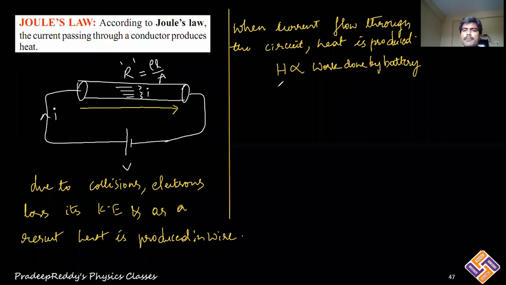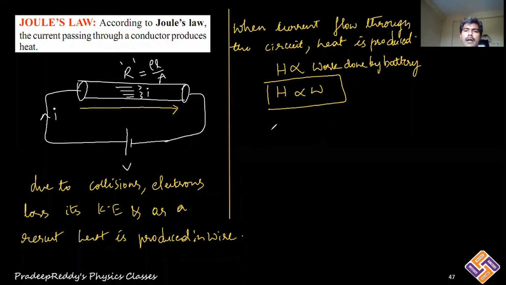So therefore heat produced is directly proportional to work done, where H is heat produced. How much amount of work is being done by the battery, that much amount of heat will be developed here.